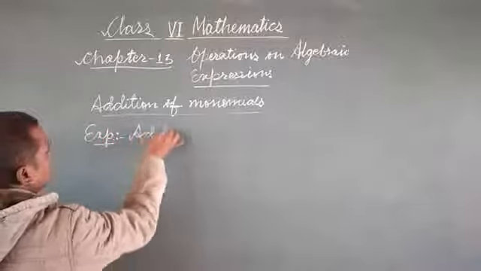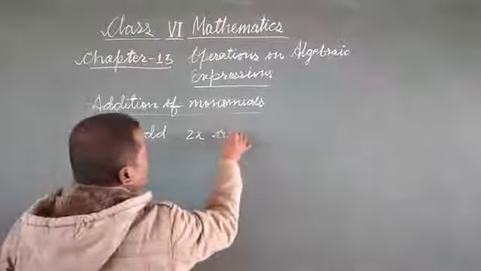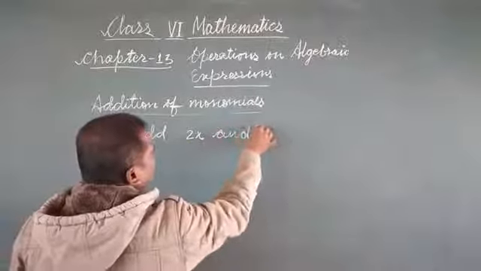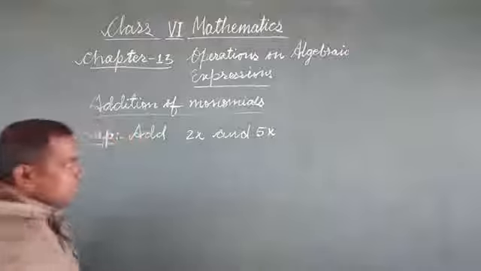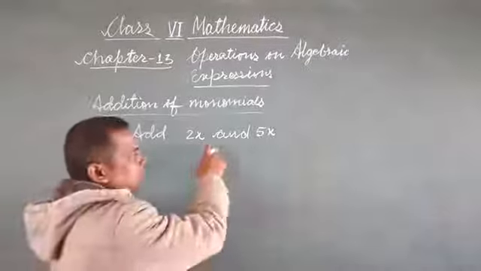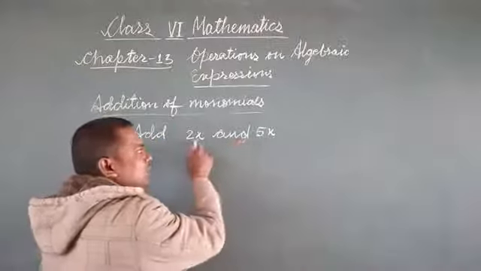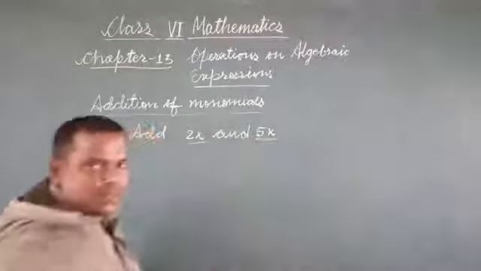Add 2x and 5x. Here 2x is a monomial and 5x is a monomial. We have to add these two monomials together.